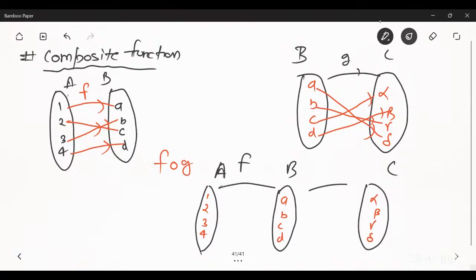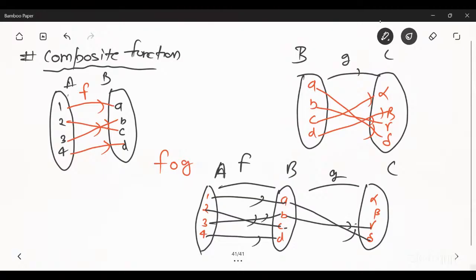That was G. So what is the mapping of f? 1 to A, 2 to C, 3 to B, and 4 to D. And what is the mapping of G? A to delta, B to gamma, C to alpha, and D to beta.